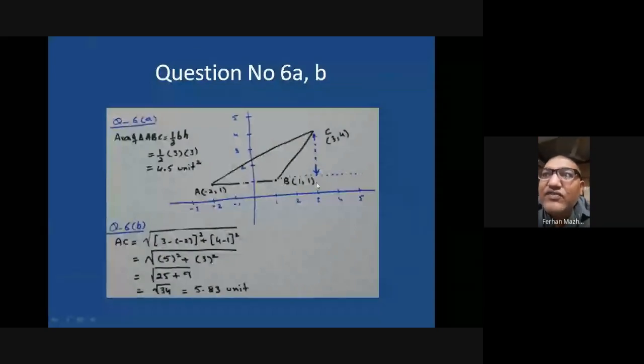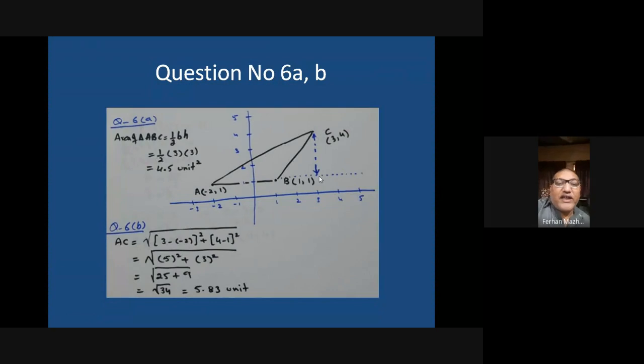Then the height of the triangle is the perpendicular from the third vertex which comes on this baseline. You see, the height of the triangle might be a side of the triangle, and it might not be.